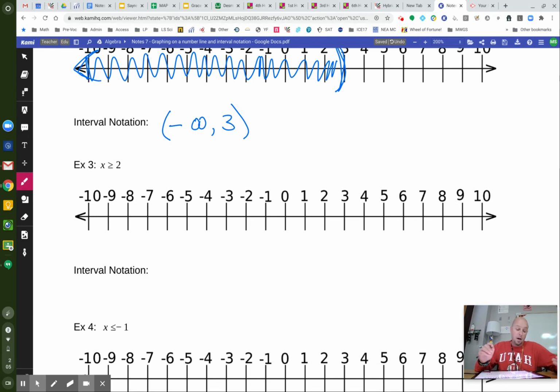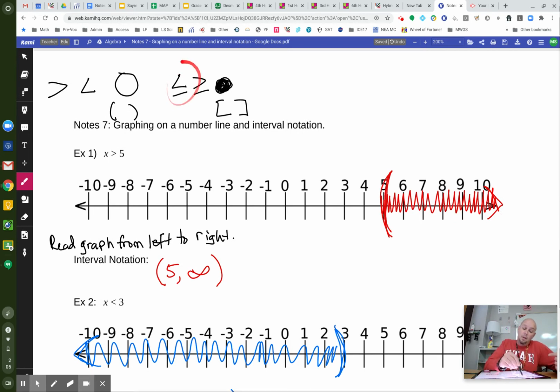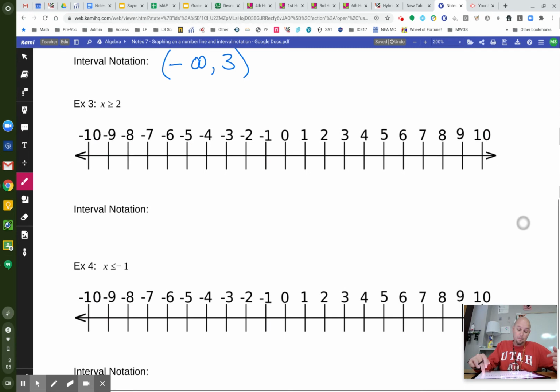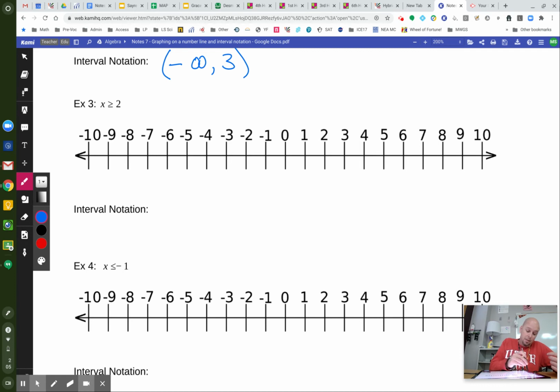Now, we're moving on, and this problem's a little different. It has the equal sign now. And if you remember up top, I told you that if you have an equal symbol, then you're going to have a bracket. All right, so for this, I'm going to start off at 2, right? You start at 2, which is over here, and you're going bigger than that.